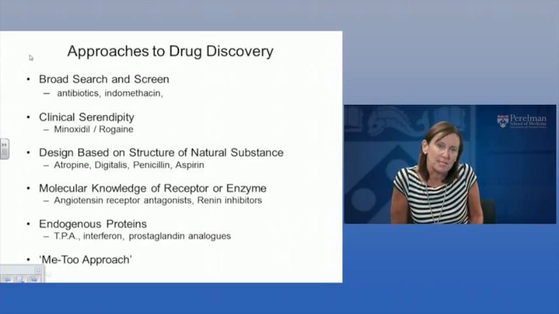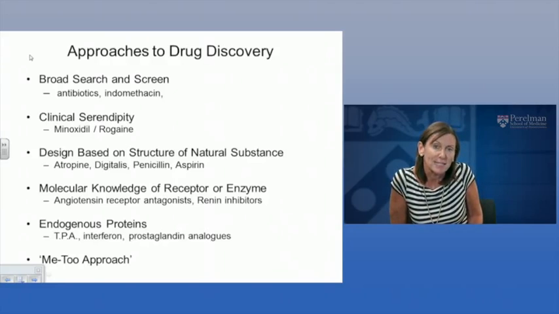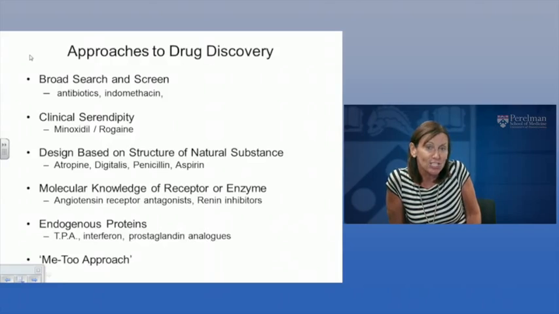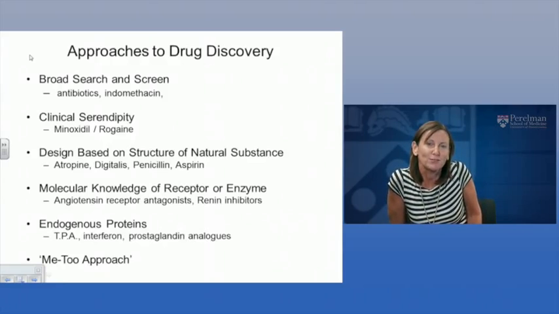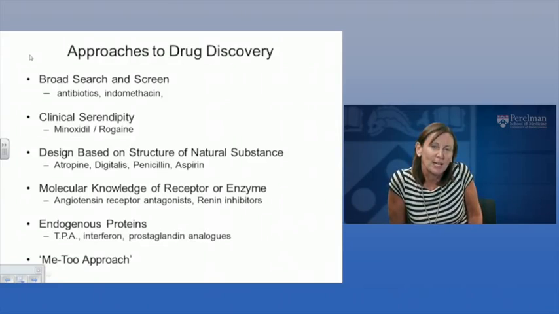Atropine is derived from the belladonna plant. It's called deadly nightshade, a great name for a plant. It was, by history or by report, used by Cleopatra. She rubbed it around her eyes to dilate her pupils in order to make her more beautiful.